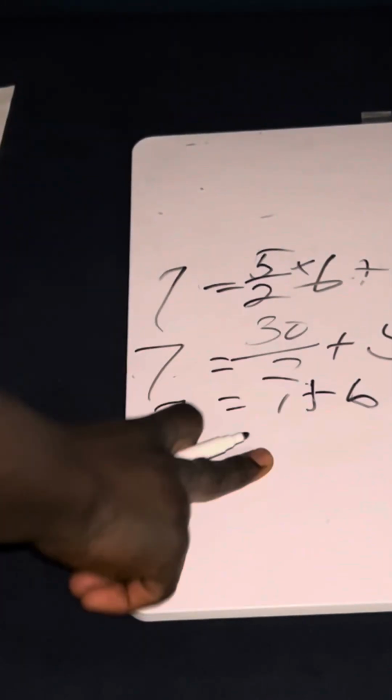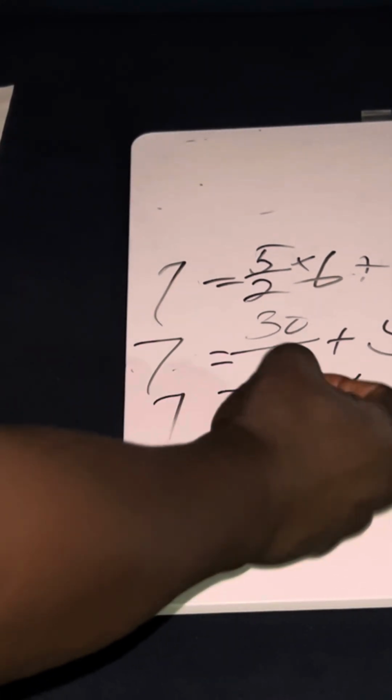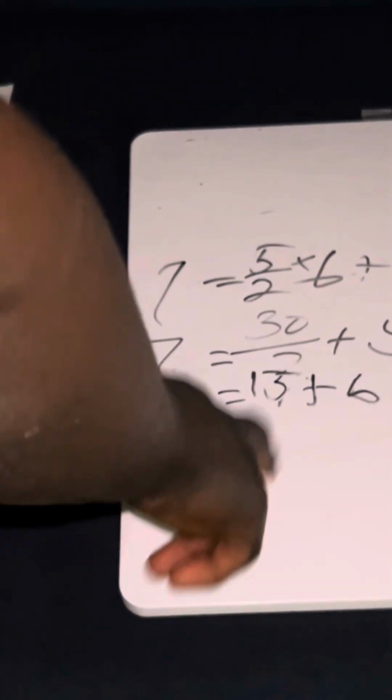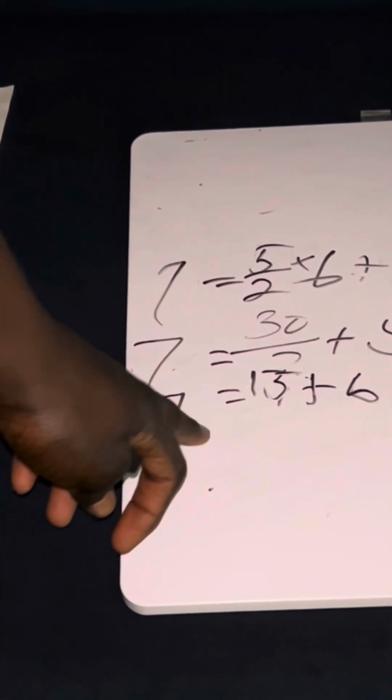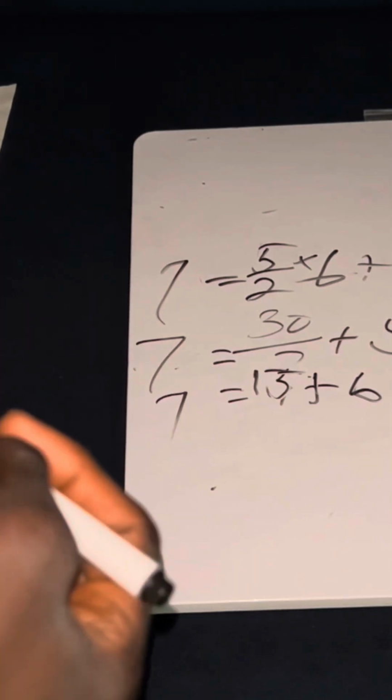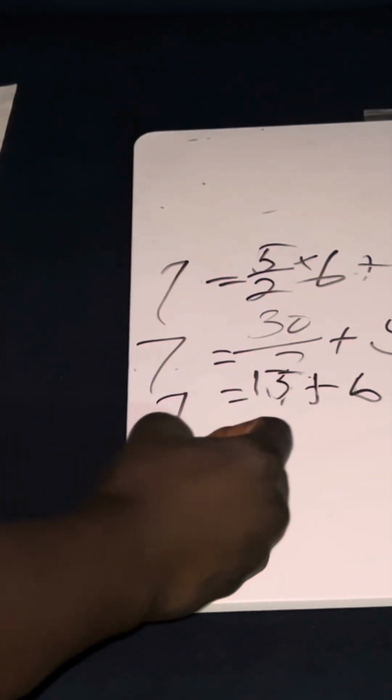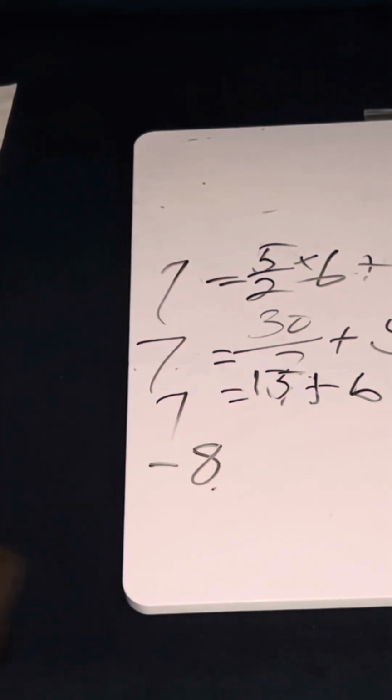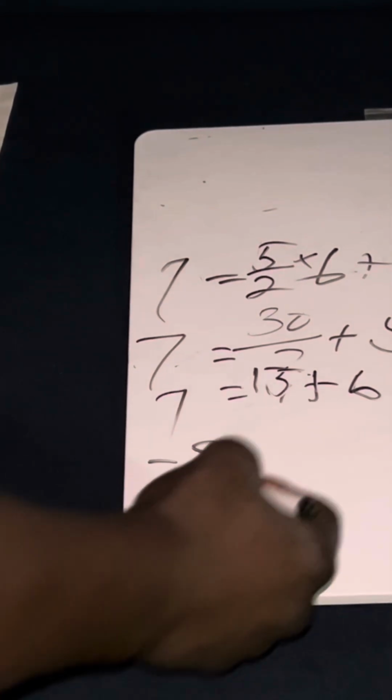So this 15 will switch to the side of 7. 7 minus 15 is going to be equal to negative 8. So negative 8 will be equal to b.